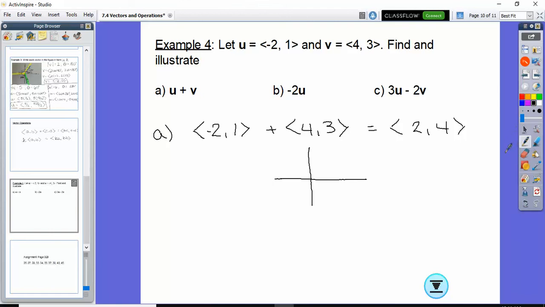Really, you can think of this like ordered pairs. -2, 1 looks like this. A vector typically, though, doesn't end with a dot, it ends with an arrow. So that's vector U. Vector V was 4, 3.